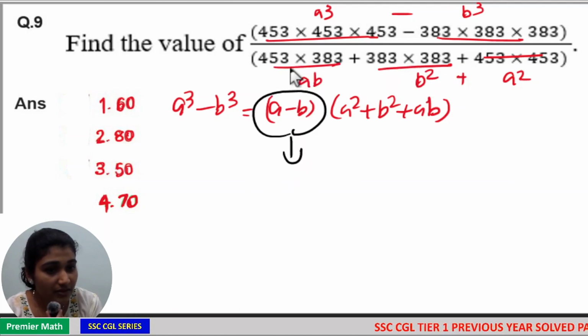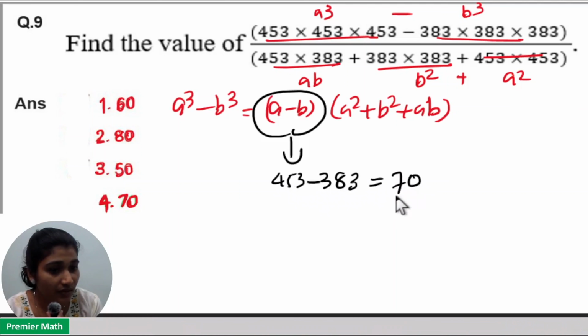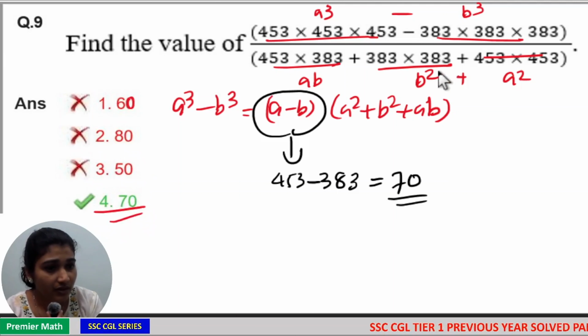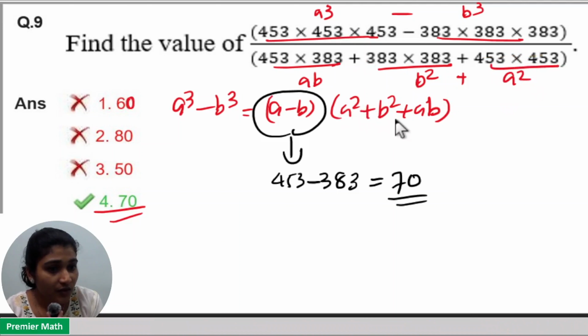A minus b means 4.53 minus 3.83... 15 minus 8 is equal to 7. So 70 is your answer. Option 4 is your answer. That is, here a square plus b square plus ab goes a minus b times in a cube minus b cube.